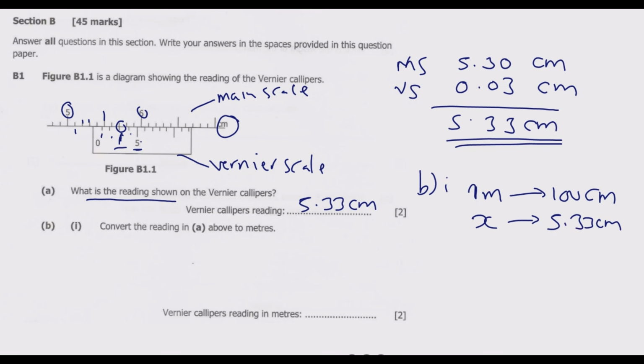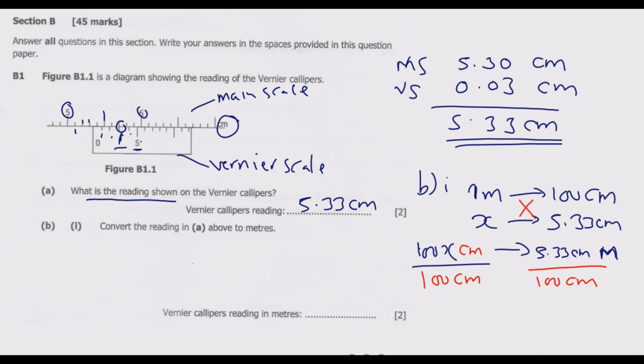We end up with 100x centimeter equals 5.33 centimeter meter. What you notice here is we divide by 100 centimeter on both sides.